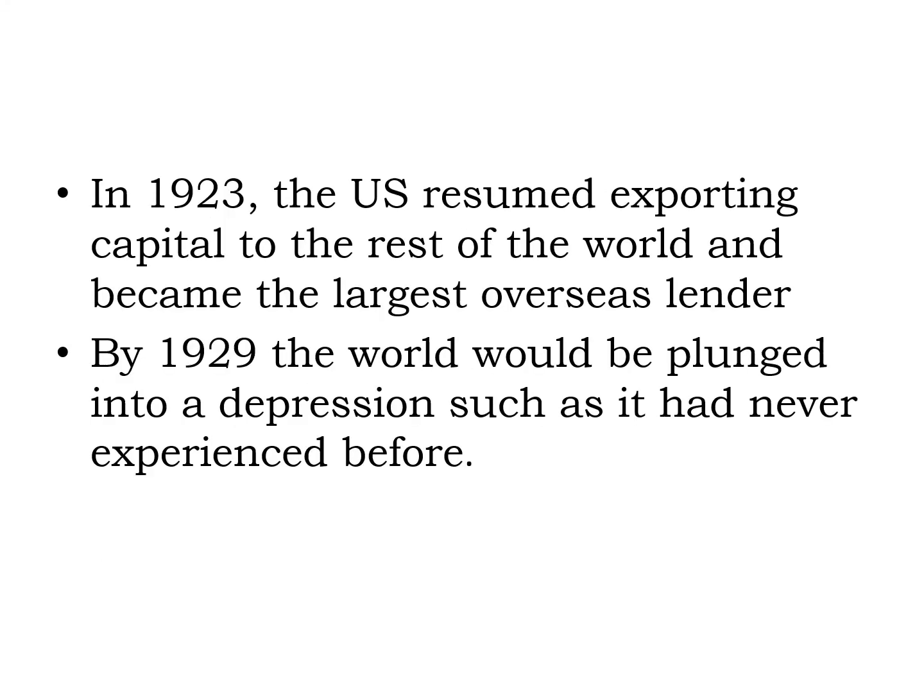By 1923, the US became the largest overseas lender, and in 1929, the world plunged into a depression such as it had never experienced before. So the world started facing the Great Depression in 1929.